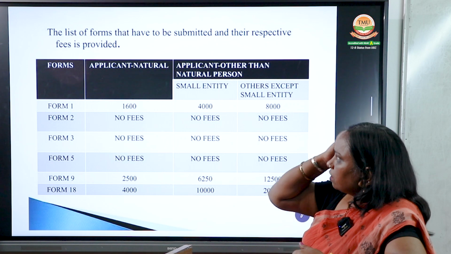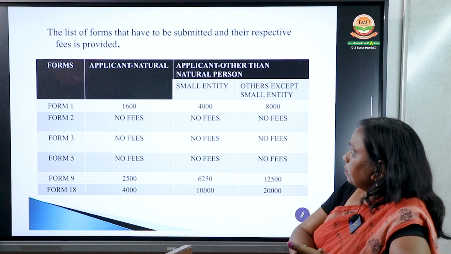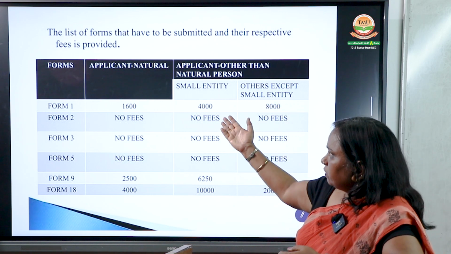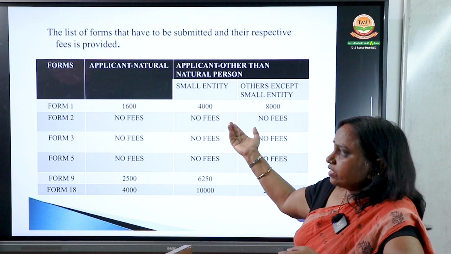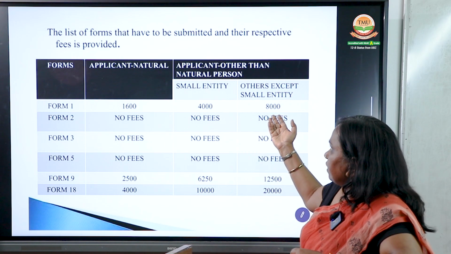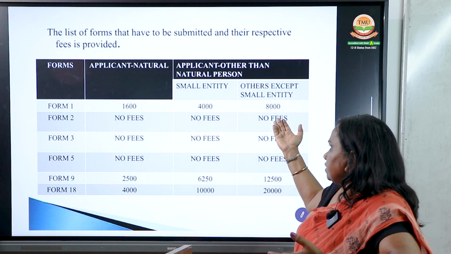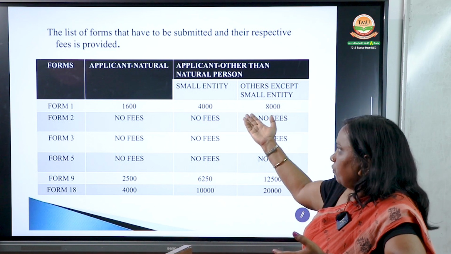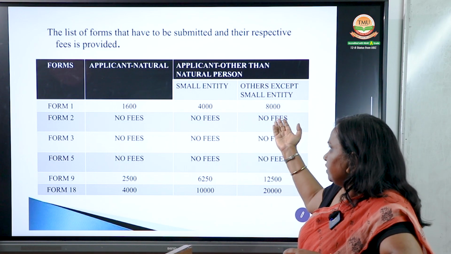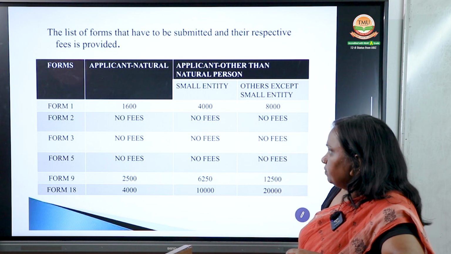If it is a business entity, an artificial person, and if it is a small entity, then the fee will be 4000 rupees. For other than small entities, if it is a big entity, then the fee will be double of what is charged for the small entities, that is rupees 8000.